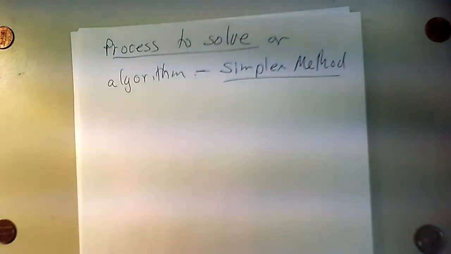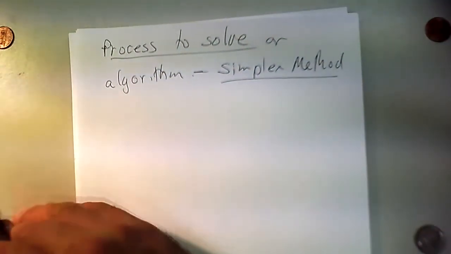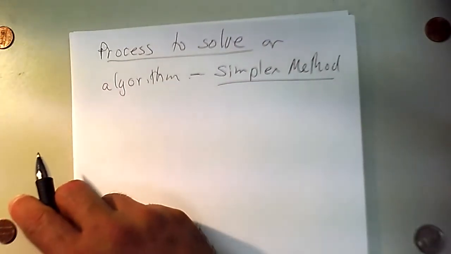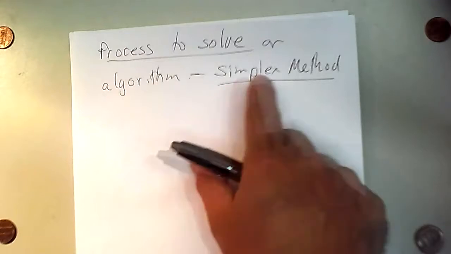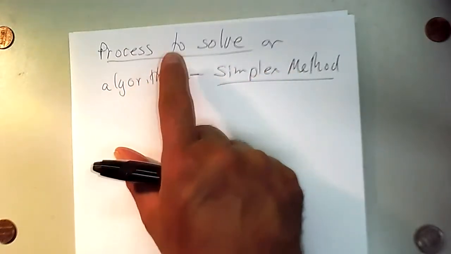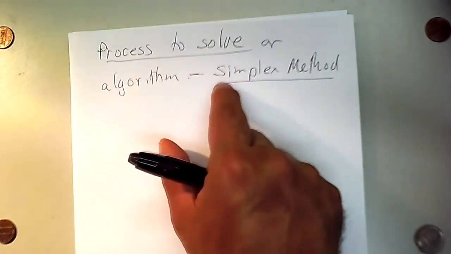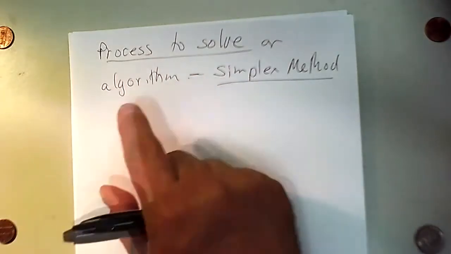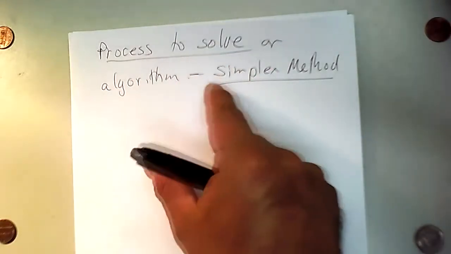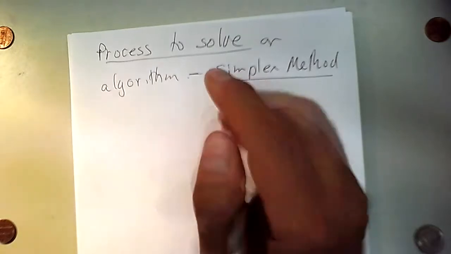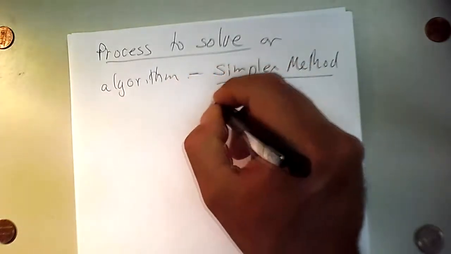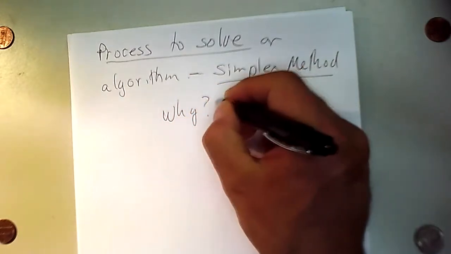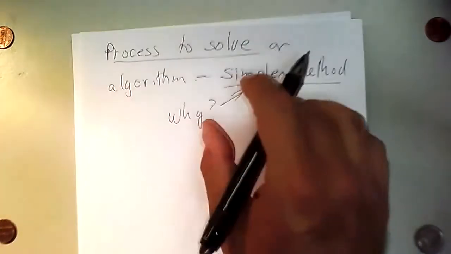If you search for the simplex method, you are going to find a bunch of sites, I'm sure, where they show you the algorithm, the process. But I don't want to show you the process as an algorithm. I want to show you where the solution may come from instead, or the why. So in this video, I'm going to try to show the why of the method and not the method itself.